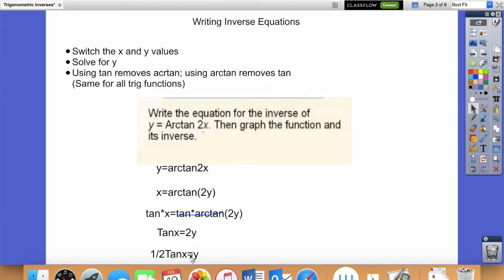So the main thing you have to remember from Algebra 2 is to switch your x's and y's and then solve. And you have to be careful about what they give you in parentheses or connected to your function. Is it connected to it, or is it outside of it, like with a plus sign, and needs to be moved first? That's one thing to pay attention to.